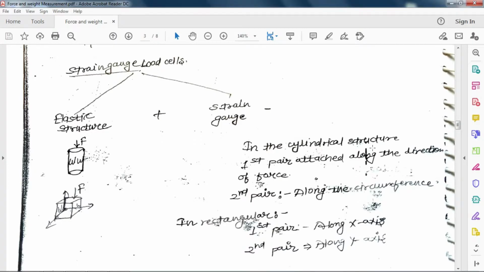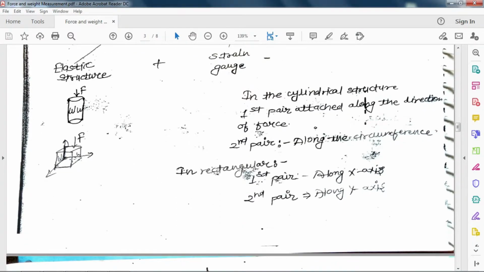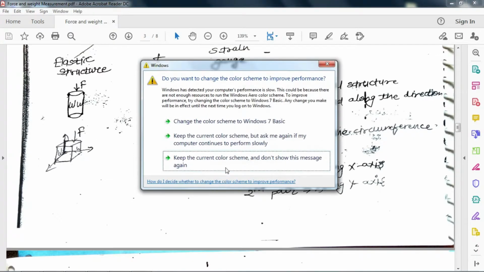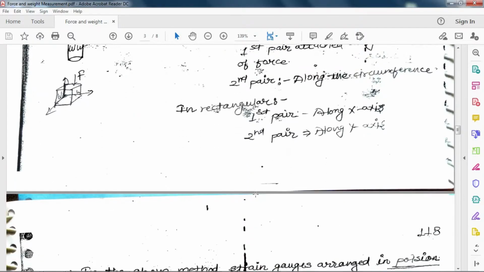In the cylindrical structure, the first pair of strain gauges is attached along the direction of force, and the second pair along the circumference, and in the rectangular, the first pair along the x-axis and the second pair along the y-axis. Using this we can calculate our final voltage.